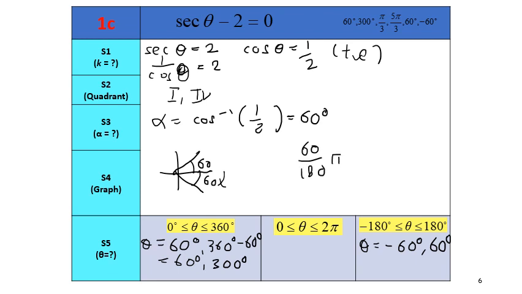So 60 over 180, we got pi over 3. So theta is pi over 3 and also 2 pi minus pi over 3, which is 5 over 3 pi. So that's the answer in terms of pi.